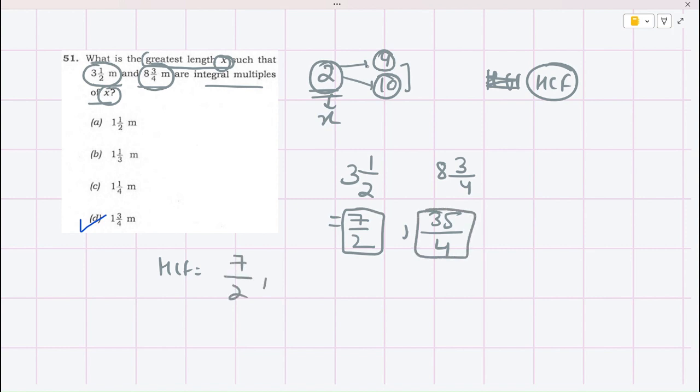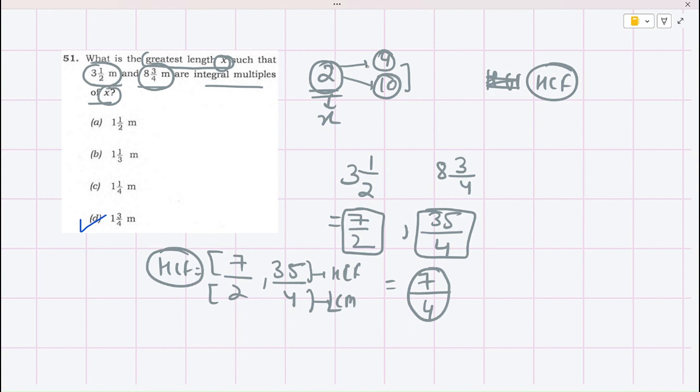We need to find the highest common factor of the numerators and the least common multiple of the denominators. So the highest common factor of 7 and 35 is equal to 7 itself. Least common multiple of 2 and 4 will be equal to 4. So the answer will be equal to 7/4.